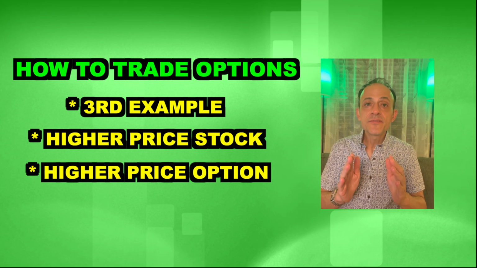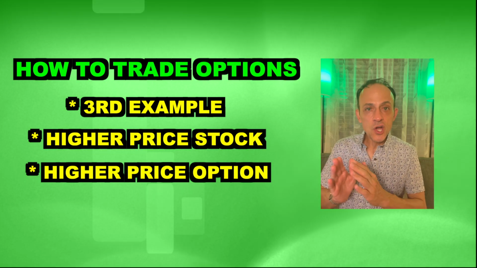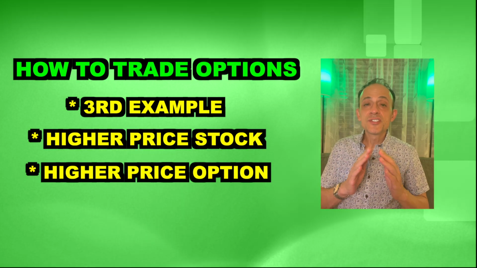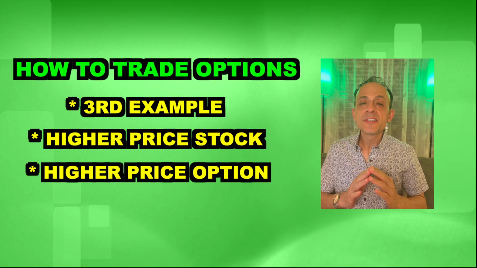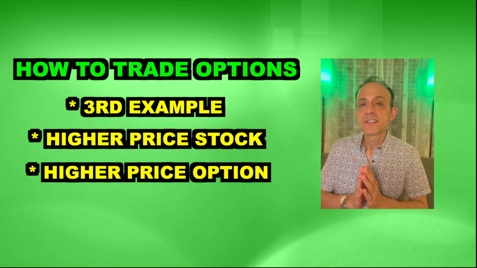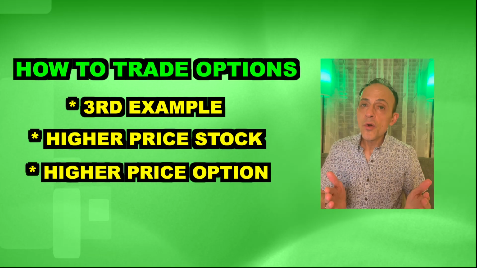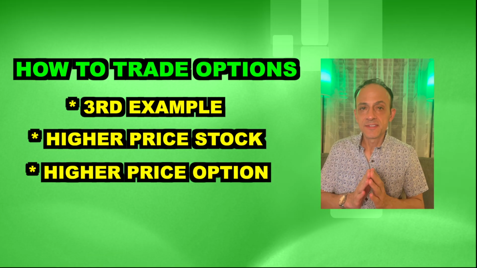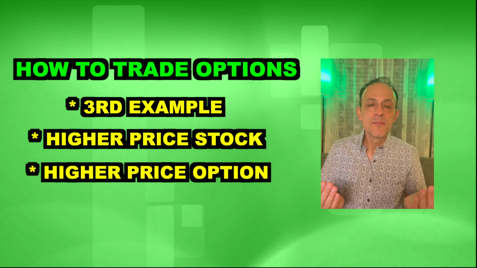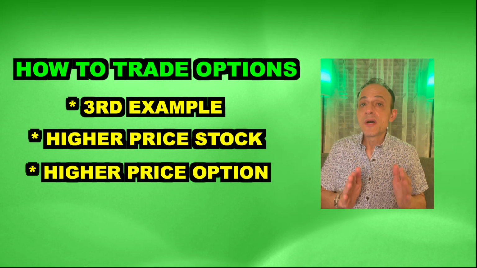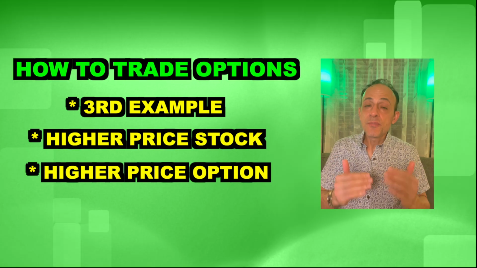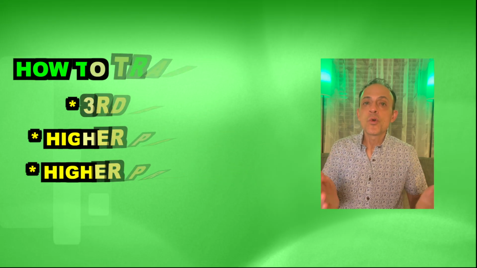So you can see the difference in the price for the option contract. And the point is for you to understand that the higher the stock price is, the higher the option contract is. And the purpose is that you may not be able to afford some option contracts, as I cannot afford some of them, or I don't want to risk that much money because an option contract can expire worthless.